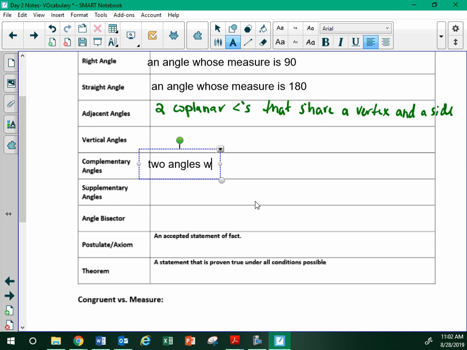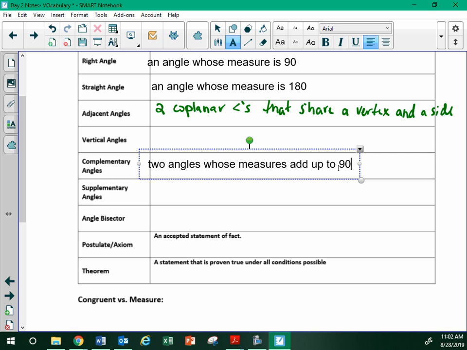It's a linear pair that is... All right, so two angles for complementary, whose measures add up to what? 90, yeah, for complementary 90.